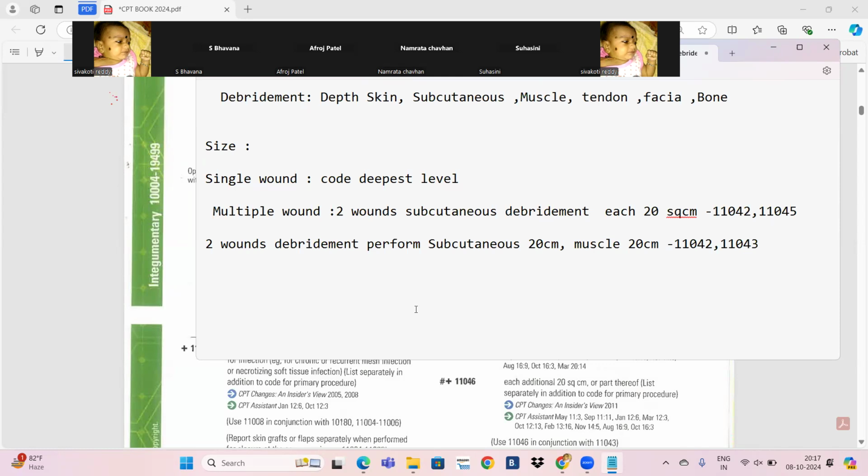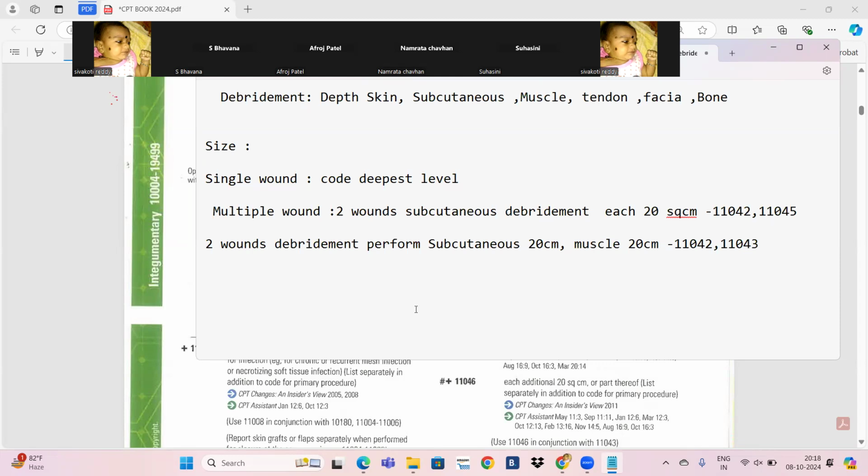First, don't check depth or length. First check whether it is a single wound or multiple wounds. First point, okay? Then, if they give a single wound, you need to check the deepest level. How much depth they did, code deepest. Then check the length, how many square centimeter they performed. When multiple wounds are done, check whether all the wounds are debrided at the same level or different level.